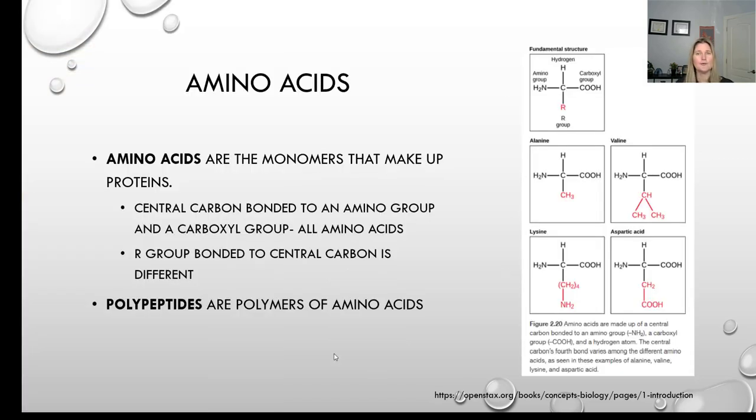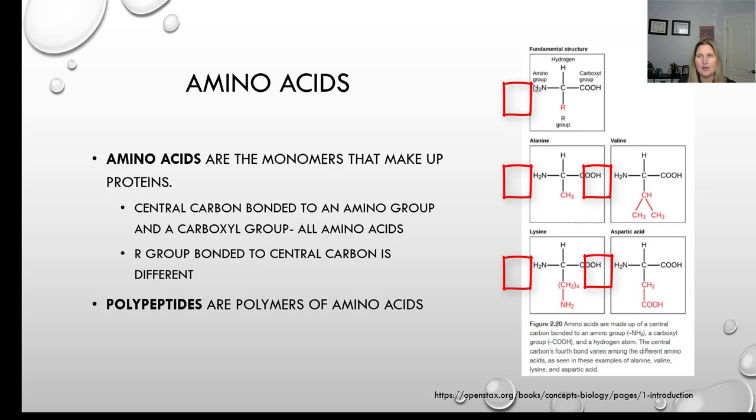Now, as far as our proteins, the monomers that make up the proteins are called amino acids. Amino acids have the same backbone, but there are differences in individual amino acids. All amino acids have a central carbon bonded to an amino group and a carboxyl group. If you take a look, here are 5 different amino acids, and all of them have a carbon in the center, attached to an amino group.